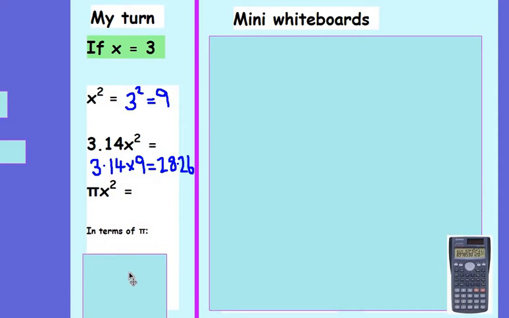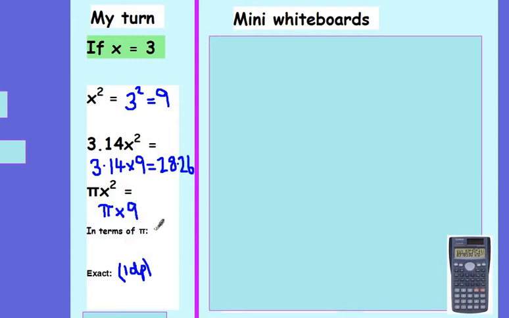So, what's pi x squared going to be? Now I can write this in two different ways. I can write it in terms of pi or as an exact value to one decimal place. Pi x squared, remember pi is just a number, is going to be pi times 9.